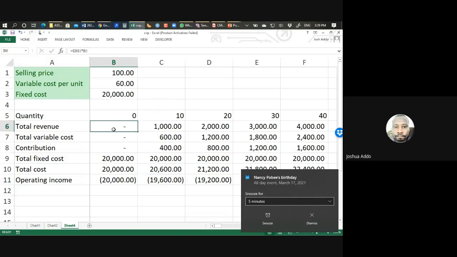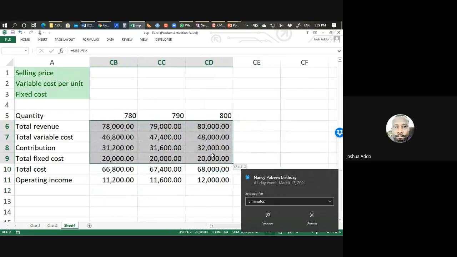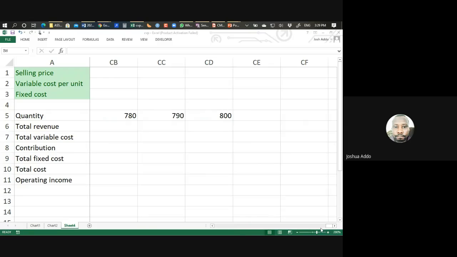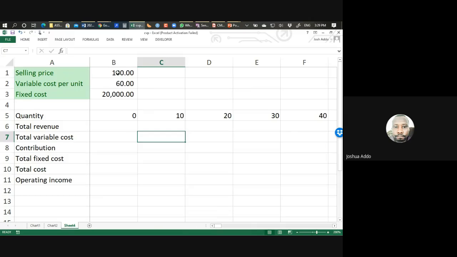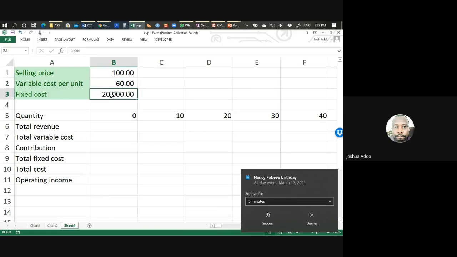Let me remove all of these things. Okay, so this is the price at which we are going to sell the product we are dealing in. This is the given variable cost per unit, and this is the given fixed cost.